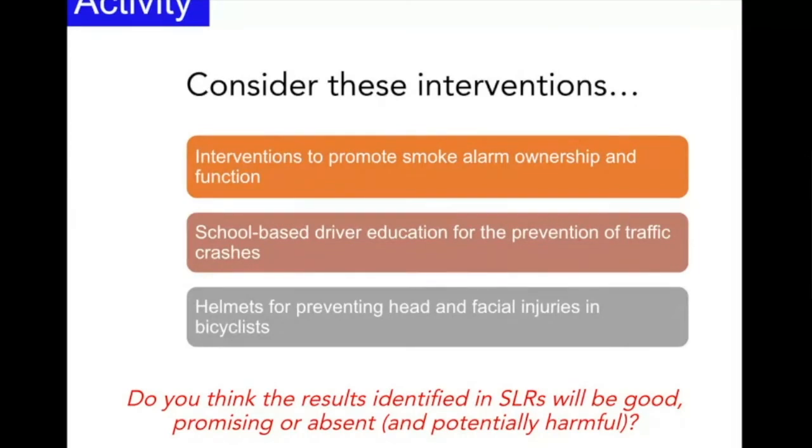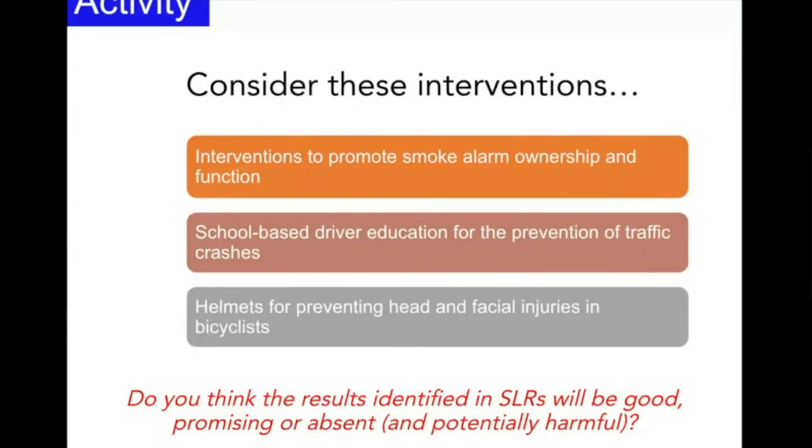Before you start your literature review construction or structuring, you come up with your own question, right? So in this example: interventions to promote smoke alarm ownership and function, school-based driver education for the prevention of traffic crashes, and helmets for preventing head and facial injury in bicyclists. These three topics are to be discussed.